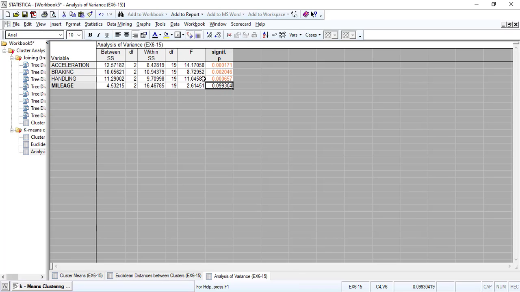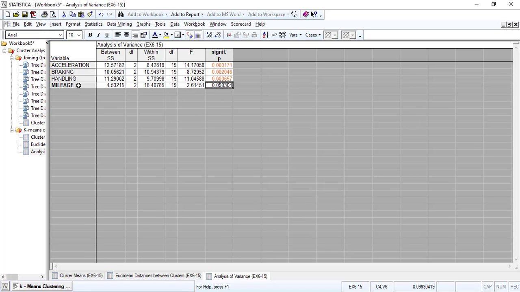So you see, mileage per gallon of gas, how far you can drive, is not a significant variable for clustering these 22 brands of car.